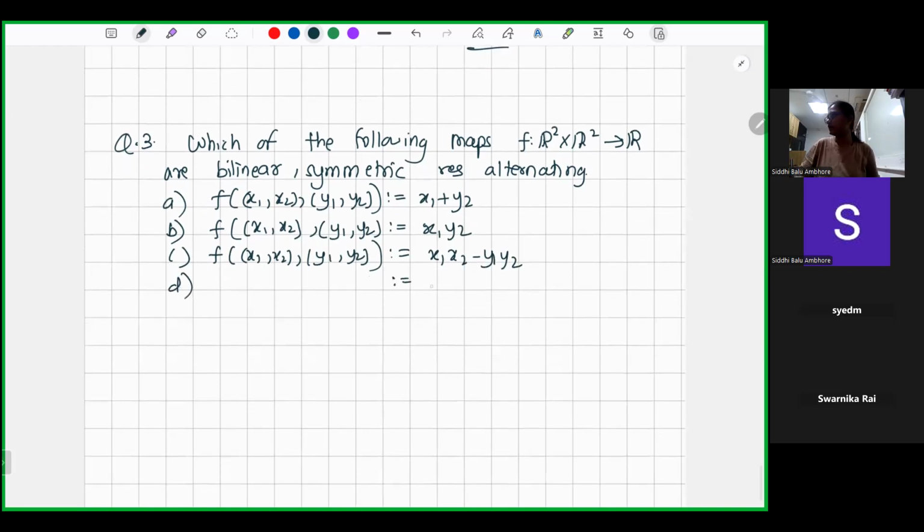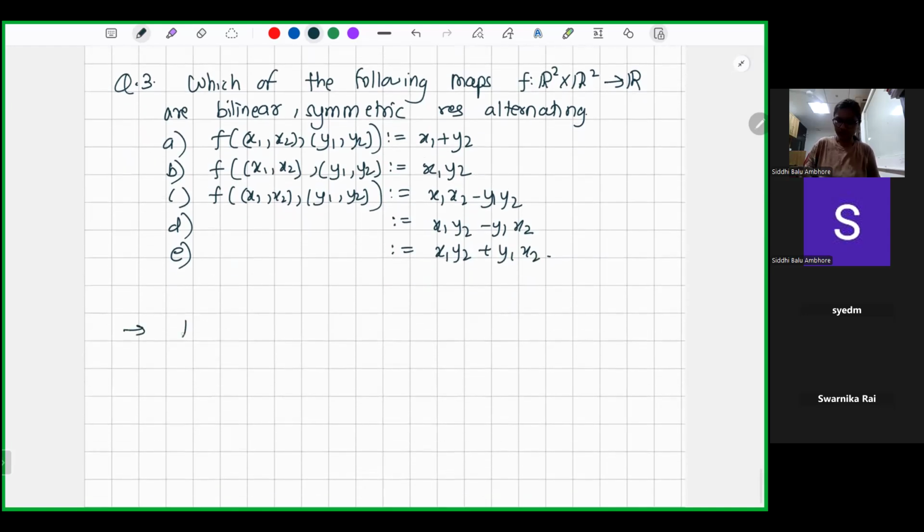D is x1 y2 minus y1 x2. And the fifth one is x1 y2 plus y1 x2. We have to check whether it is bilinear, symmetric, and all other properties. So what does bilinear mean?